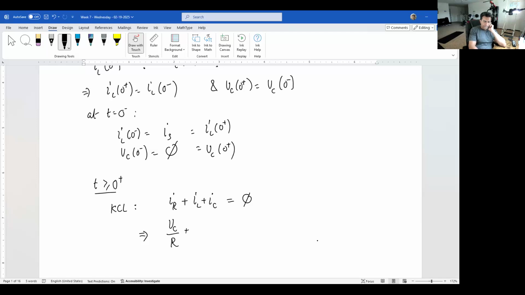Inductor current. How do you define inductor current in terms of its voltage? Anyone? What's the equation of inductor current in terms of the voltage across the inductor?